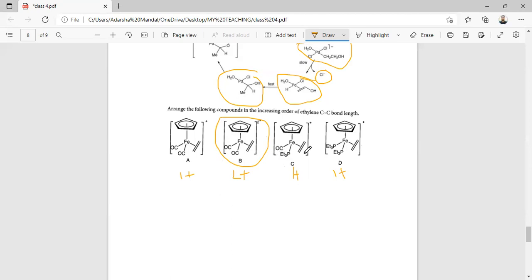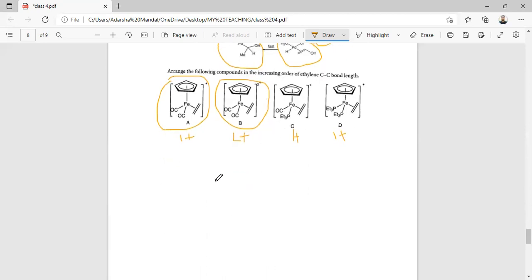So the CC bond length will increase. Among these, A has only two CO, C has one diethyl phosphine, so C has more electron density and D has more. So the back donating nature is A, C, D. From A to D, the back donation increases.